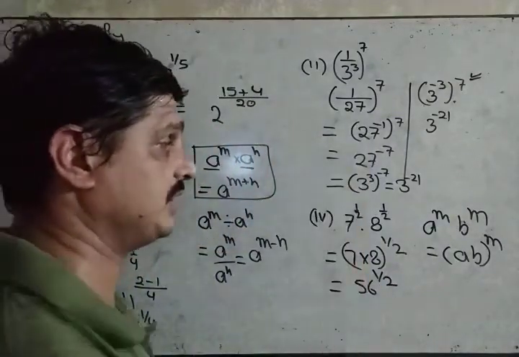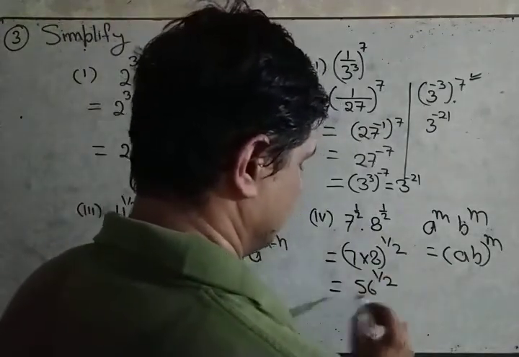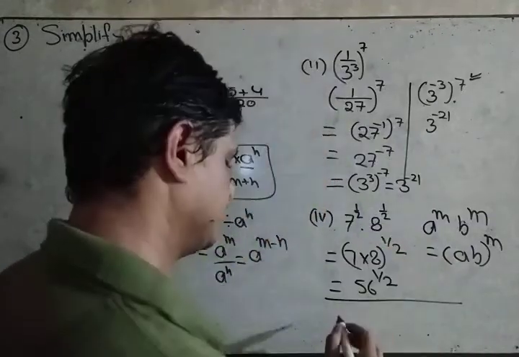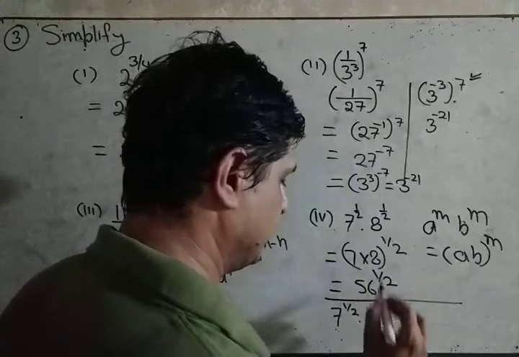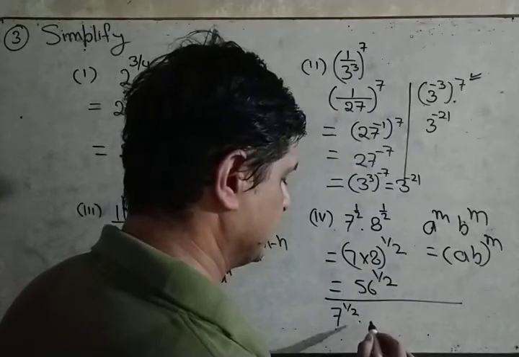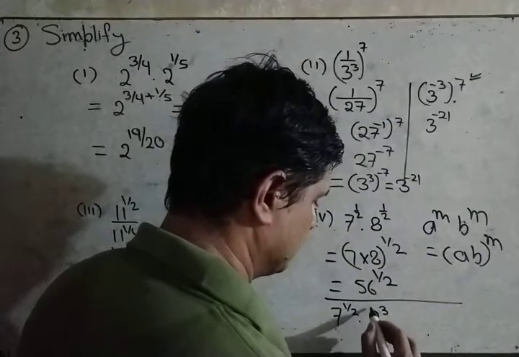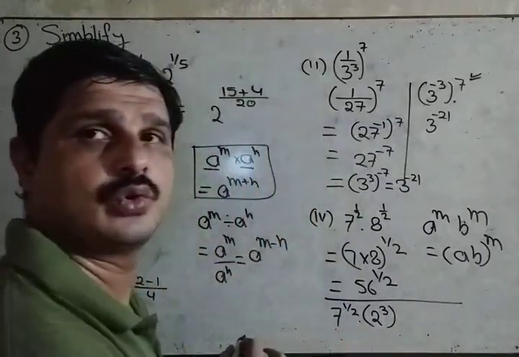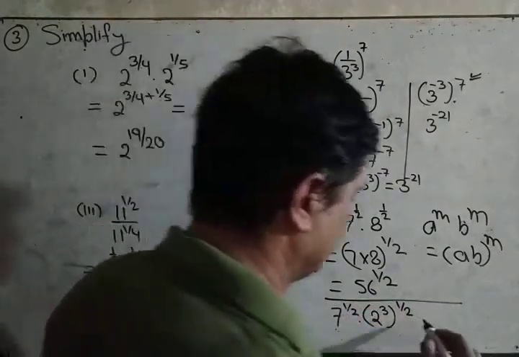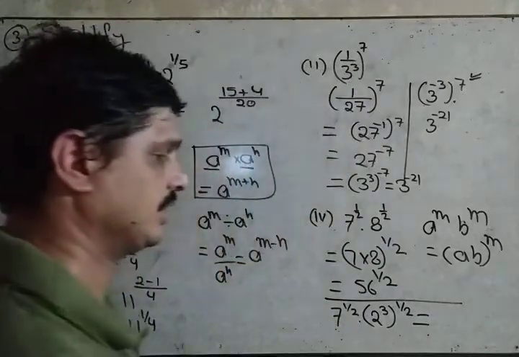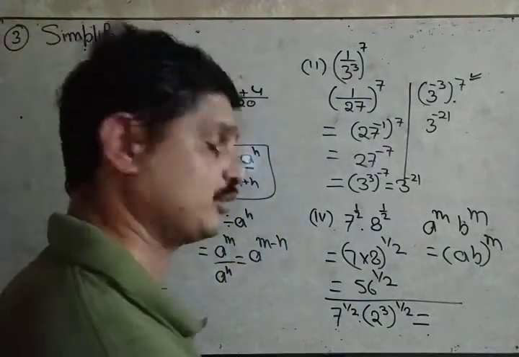My dear friends, one more thing is there. You can also do this question like this. How? 8 can be written as 2 raised to the power 3, 2 raised to the power 3, all to the power half. Then what you will do? How can you proceed further?